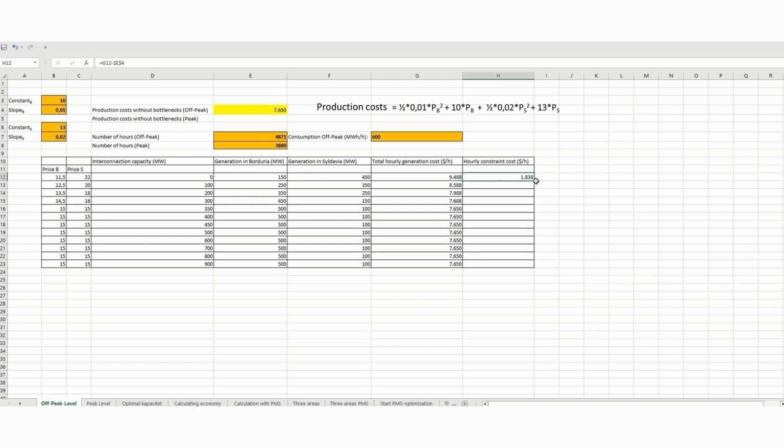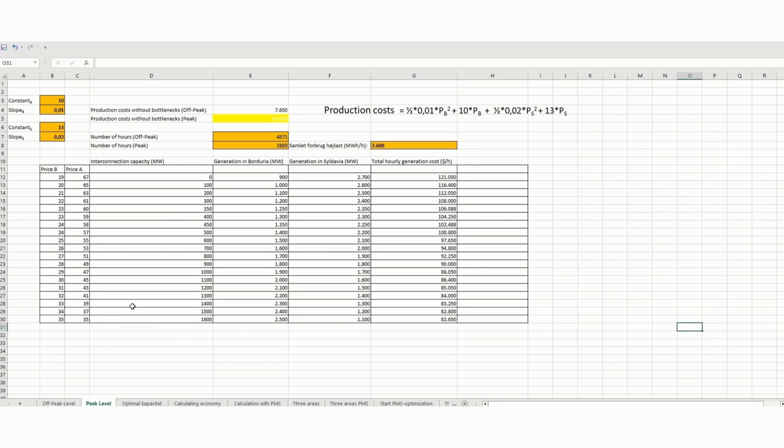This is the constraint cost. We can see this here. If I just make this, you can see that the cost will decrease, and when we have no bottlenecks, the cost will be zero.